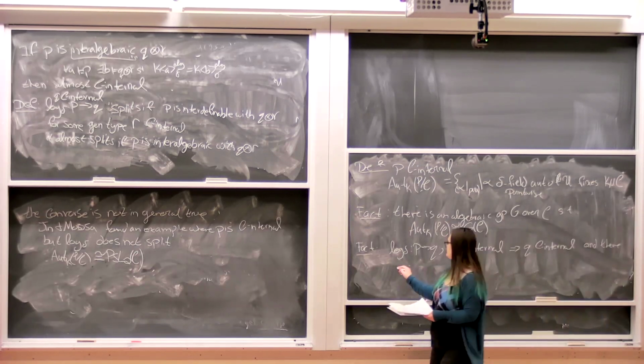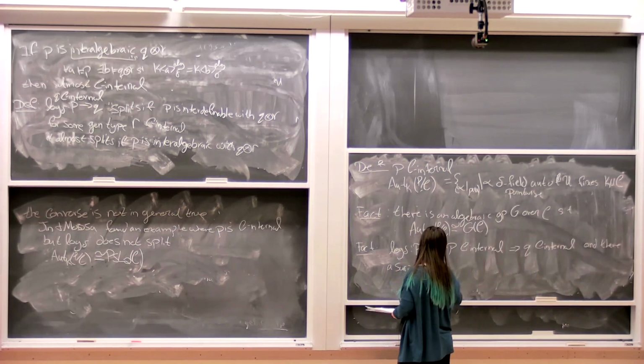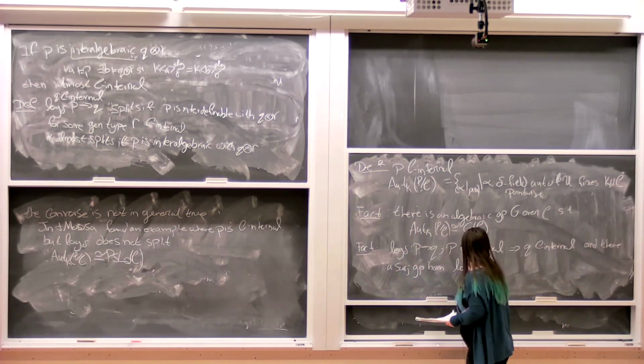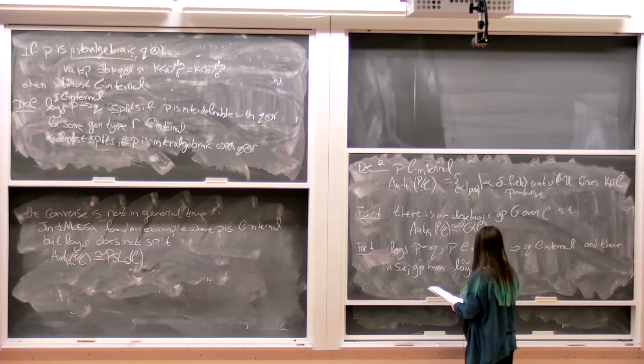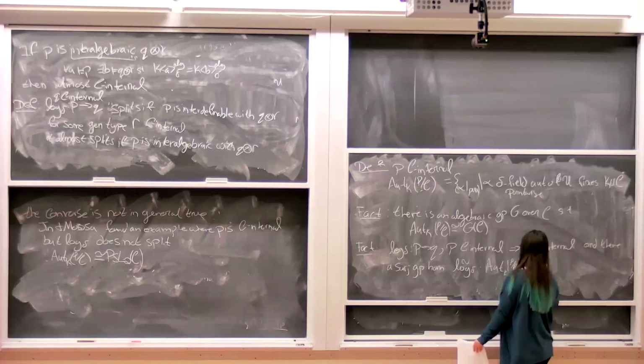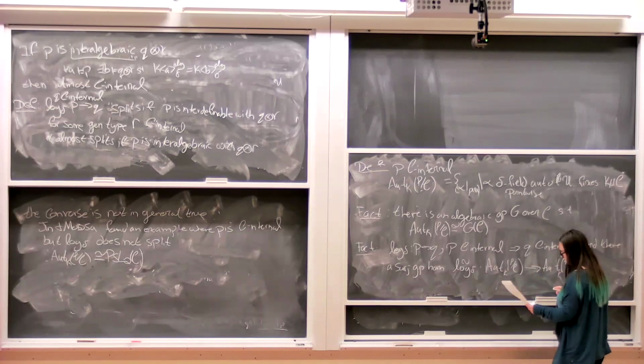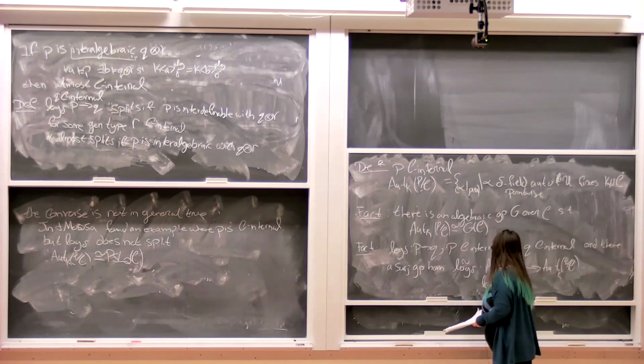we get a surjective group homomorphism on our binding groups. So this goes from the binding group of P to the binding group of Q. And it behaves in the way that you would expect.